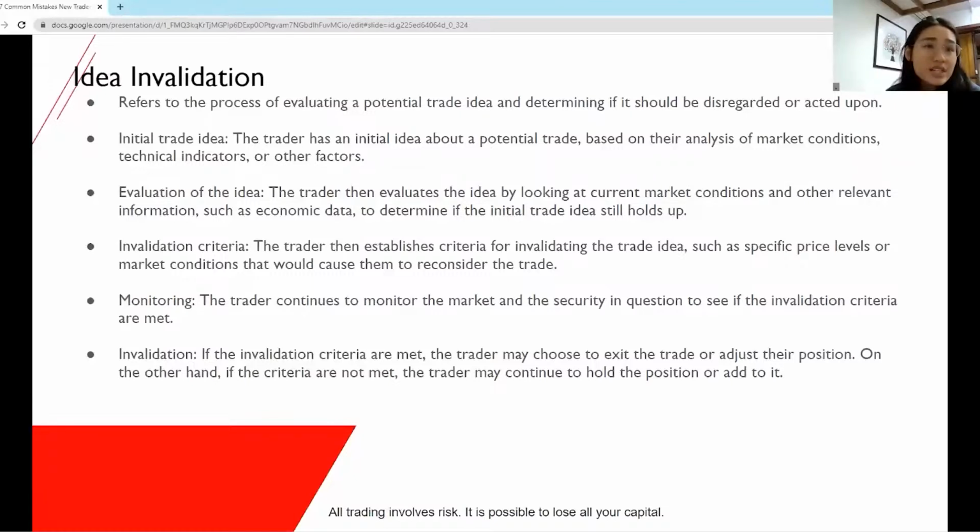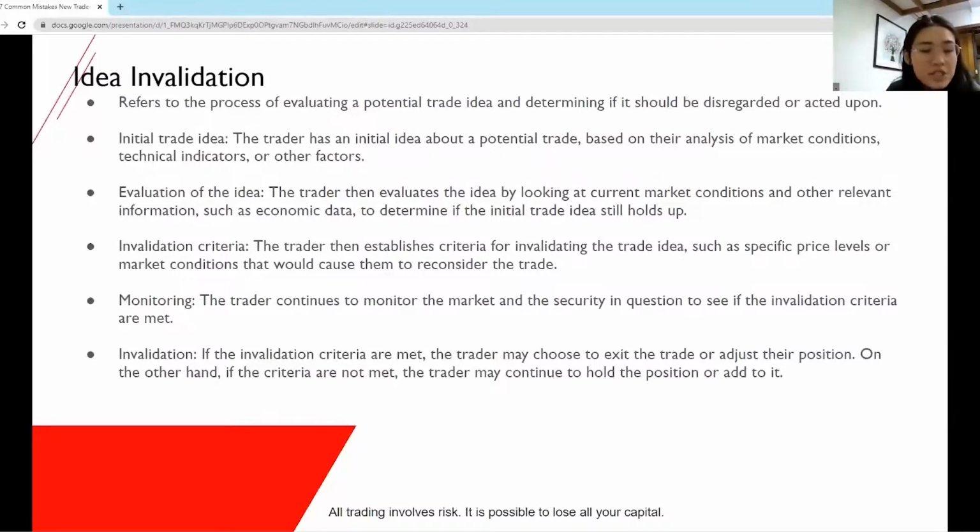Next, we have invalidation criteria. The trader establishes criteria for invalidating the trade idea, such as specific price levels or market conditions that would cause them to reconsider the trade. Next, monitoring. The trader will continue to monitor the market and the security in question to see if the invalidation criteria are met. And lastly, we have the invalidation.